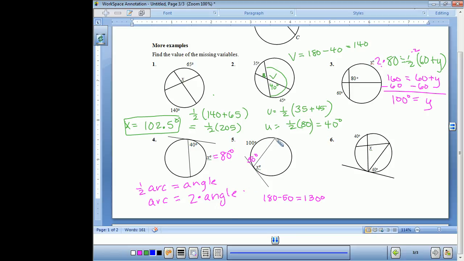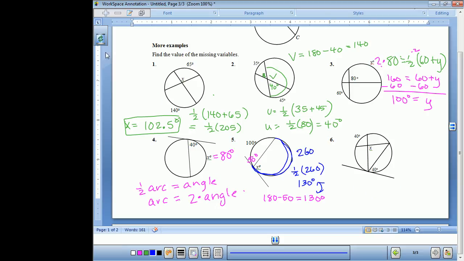You said if this is 100, what does it leave for this arc? 260. And then when I take half of 260, I get 130. I got the same thing, didn't I? So you can approach that problem either way.